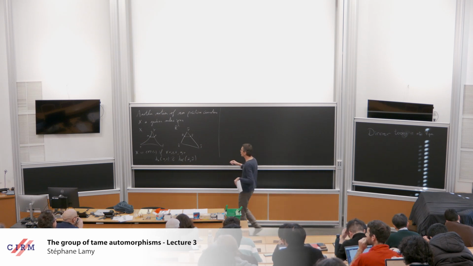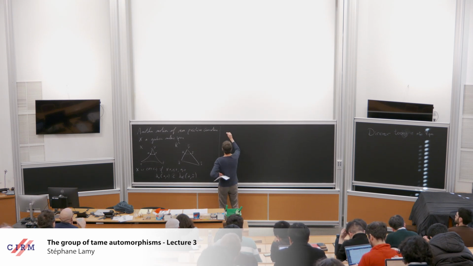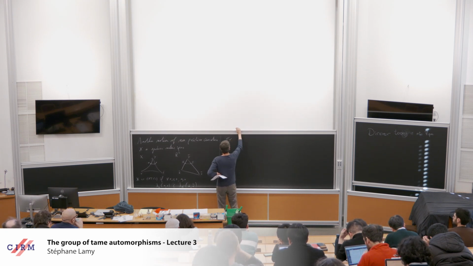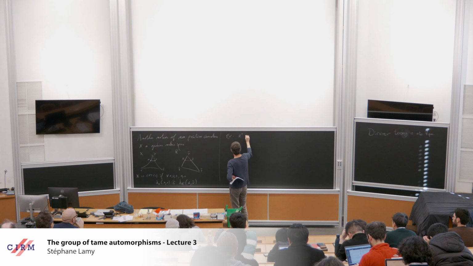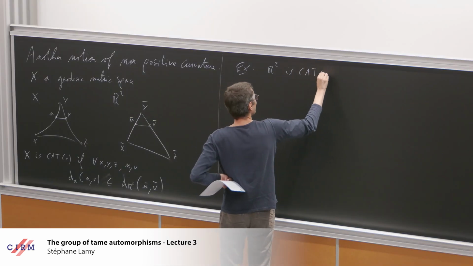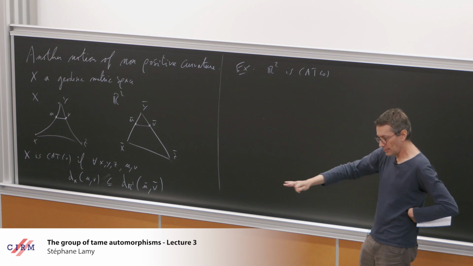So maybe examples here. First example, R2 is CAT(0). So you admit some zero curvature.